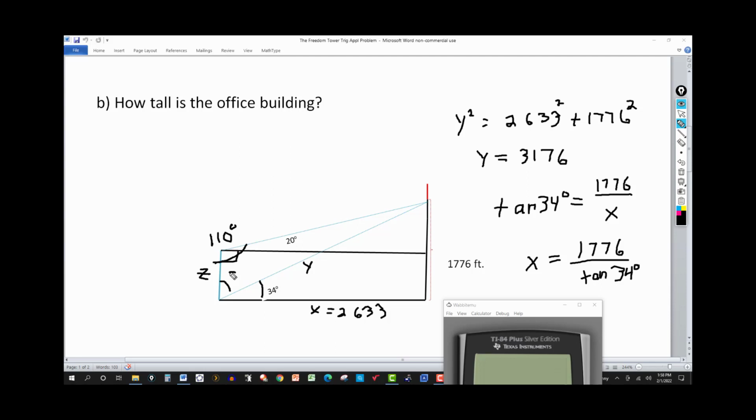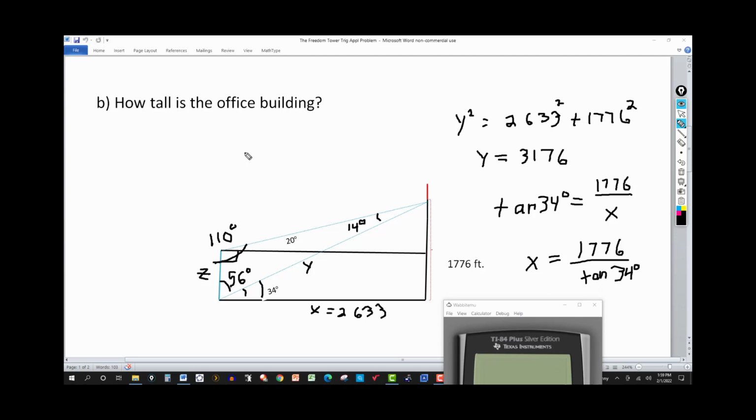This angle right here is 56 degrees, because you have a right angle right there, and this right here is 34 degrees. So 34 from 90 is 56. So now we have this angle to be 110, this one to be 56, and that means that this angle right here has to be 14 degrees. Everything checks out there.